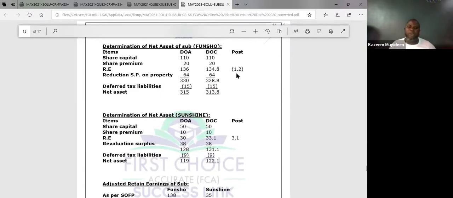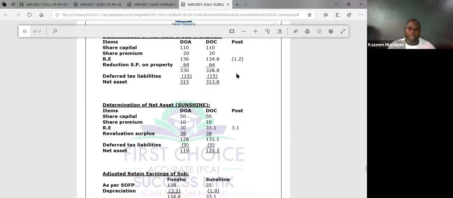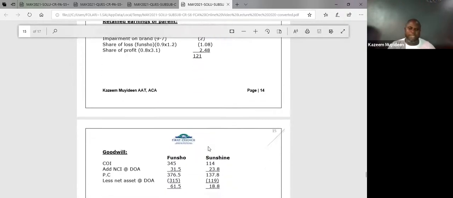How do we share the loss? 90% will go to the parent, 10% to the NCI. Parent shares 90% of the loss, 1.08. NCI will take the remaining one. Where do we do the NCI?